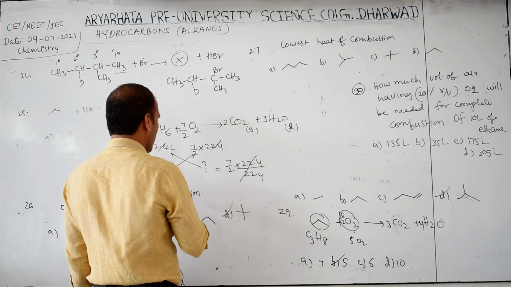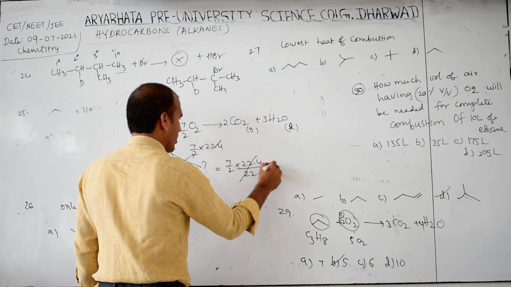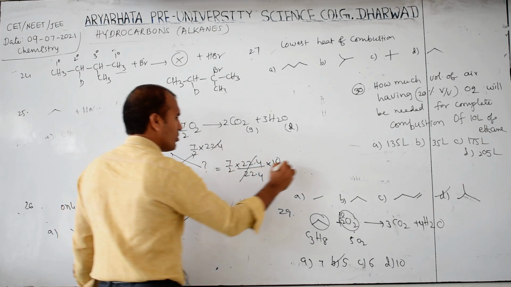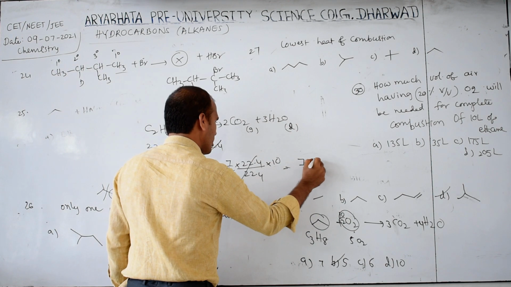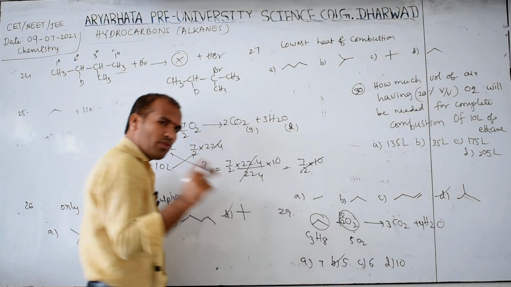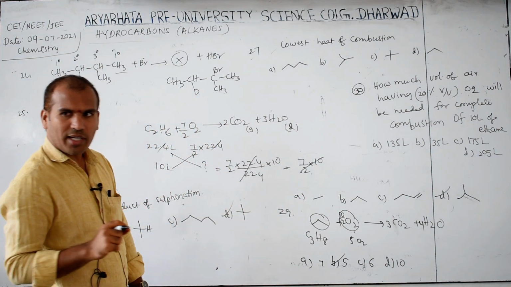This cancels. I forgot to multiply by 10. Therefore 7 by 2 into 10, this cancels 5. 7 into 5, 35.